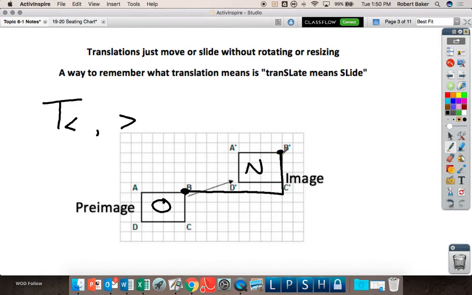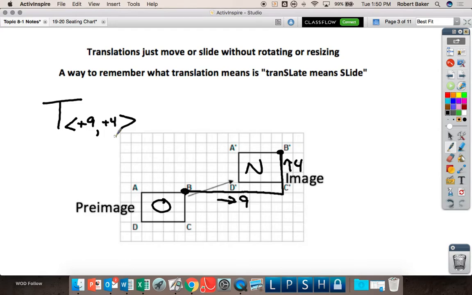How far did I go over? 1, 2, 3, 4, 5, 6, 7, 8, 9. I went over 9. Did I go plus 9 or minus 9? Plus 9. Plus 4 or minus 4? Plus 4.